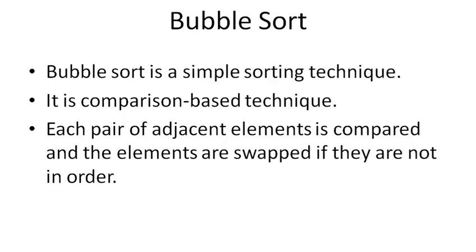So, let's start with bubble sort. Bubble sort is a simple sorting technique. It's a comparison based technique. Each pair of adjacent elements is compared and the elements are swapped if they are not in order.